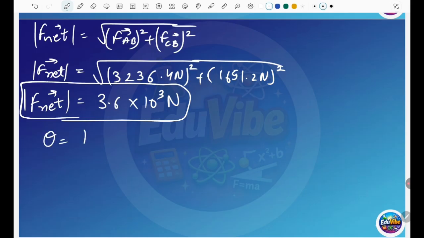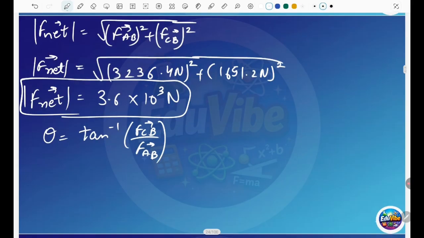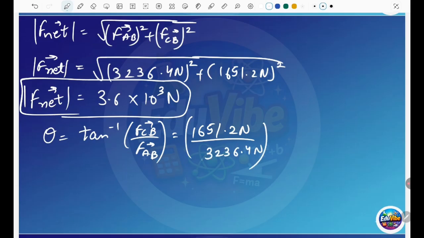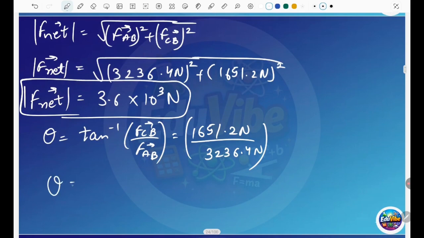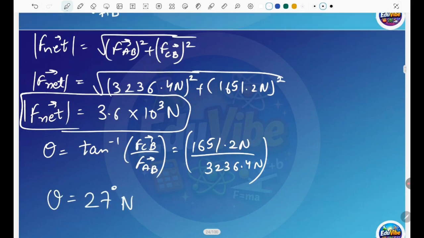Now for theta, we do tan inverse of this upon this, the CB force upon the AB force. You all know how we deal with this. So this is 1651.2 over 3236.4 newtons, and we do the tan inverse of this. When we do, we get about 27 degrees. So what is the angle?